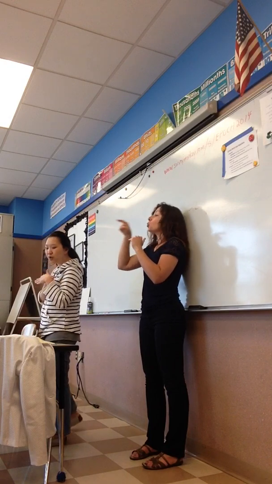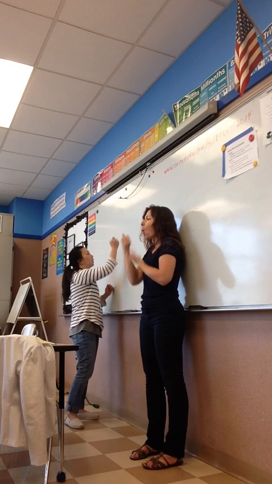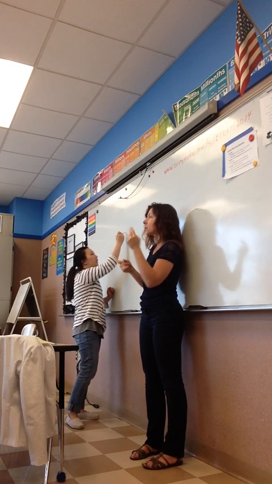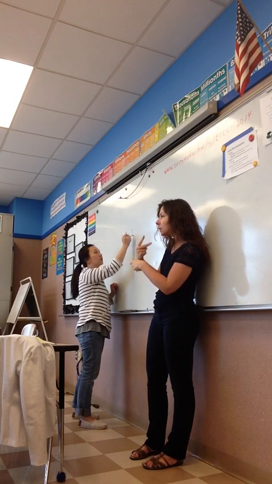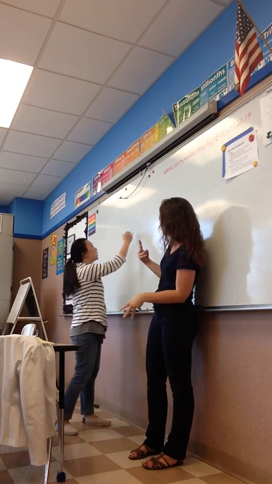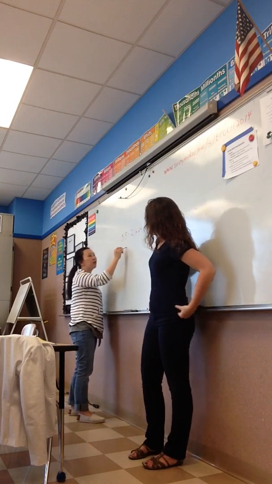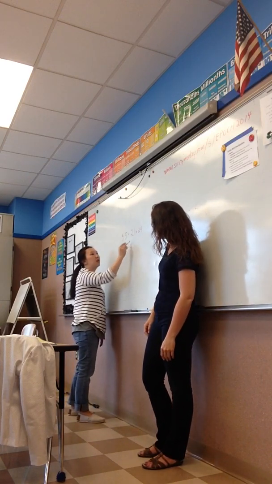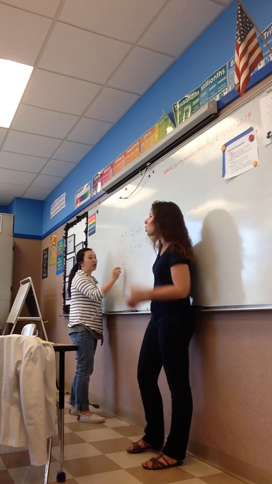Well, what are you going to replace? So they have 3.5 times 2 plus 24. And then they have 3.5 times 3 plus 24. What keeps changing?